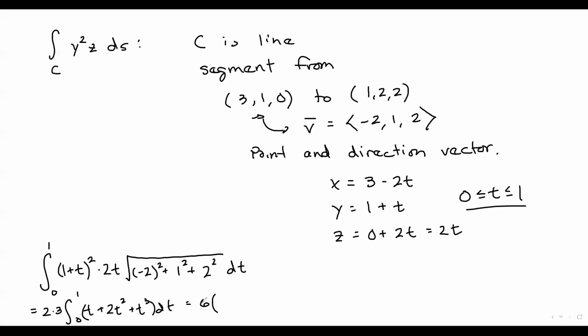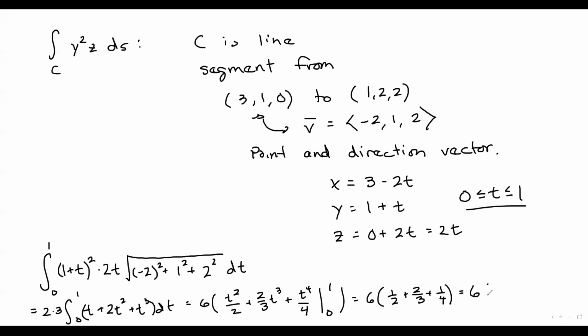And then the antiderivative here is going to be t squared over 2 plus 2/3 t cubed plus t to the 4th over 4, evaluated from 0 to 1. And so we're going to get 6 times 1/2 plus 2/3 plus 1/4. So what is that?